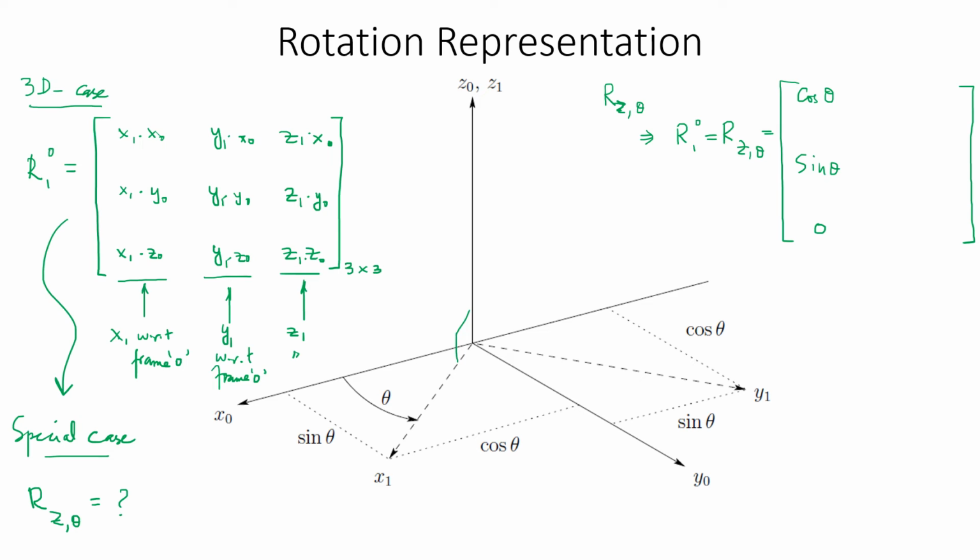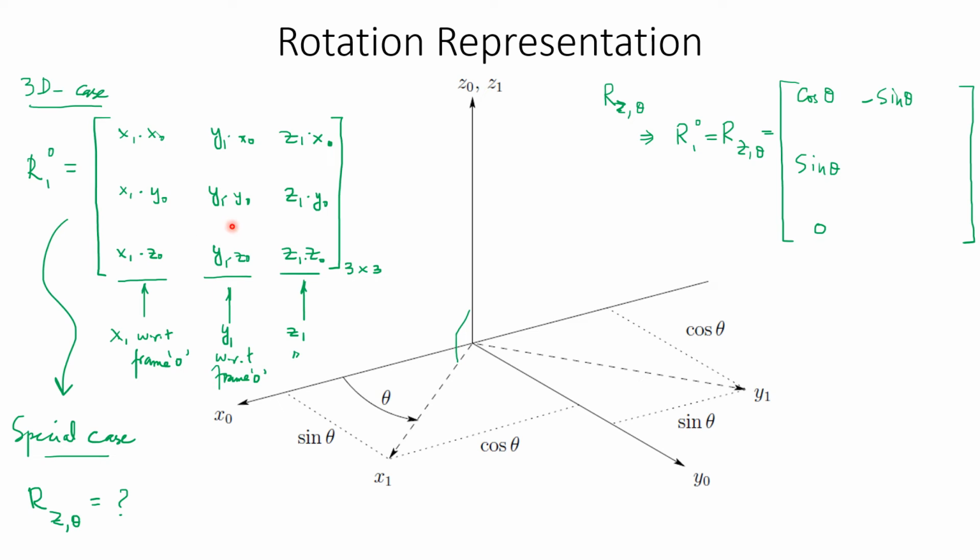Let's consider the second column. y1 dot x naught is the first term. So y1 is in this direction, and x naught is over here. So that is going to be in the negative direction of the x naught by value sine of theta. So I'm going to write minus sine of theta over here.